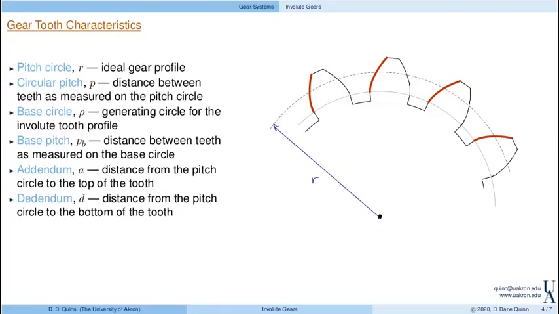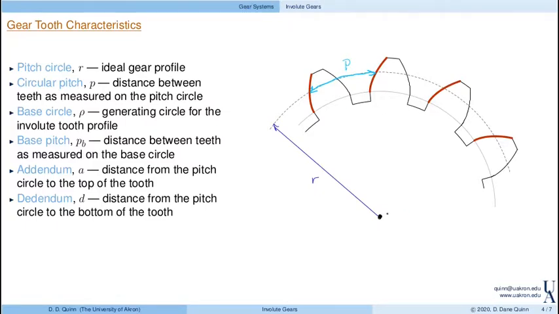And with that, we also have what's known as the circular pitch, and that's the distance between the teeth as measured on the pitch circle. So if I look at this distance, it is defined as P, again, the circular pitch. Now, another important measurement is that of the base circle. We have to generate these teeth, and we do that based on the base circle radius. So it's the generating circle for the involute teeth profiles.